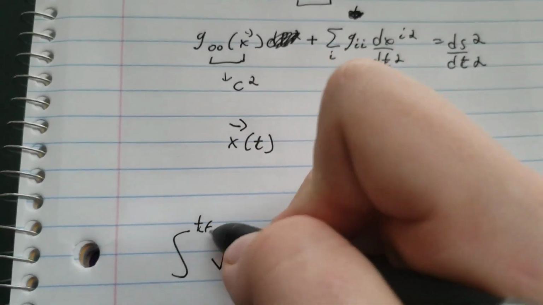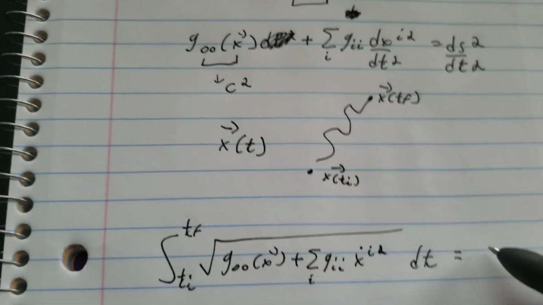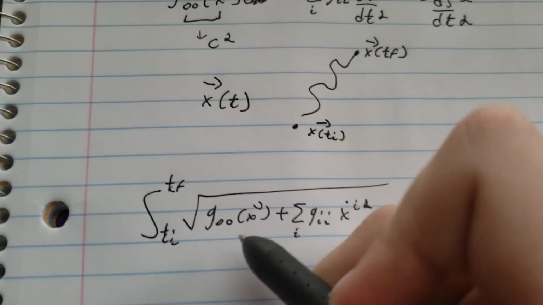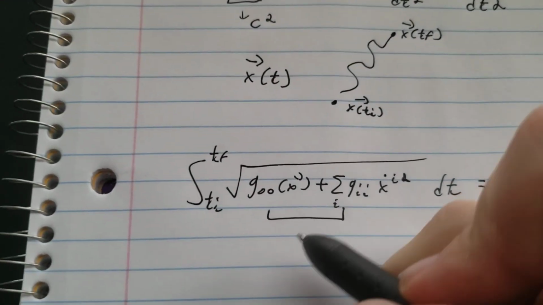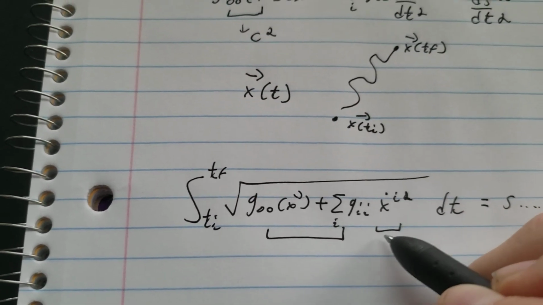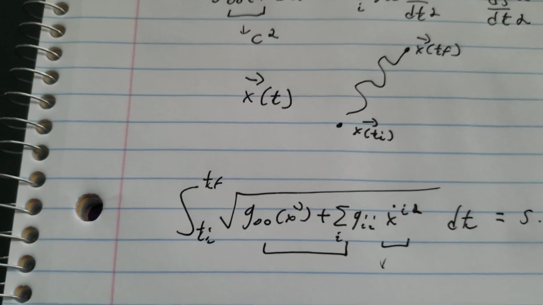Integrate from ti to tf, and that will be our interval there. So this is a functional, and the actual value of it depends on what our path is.